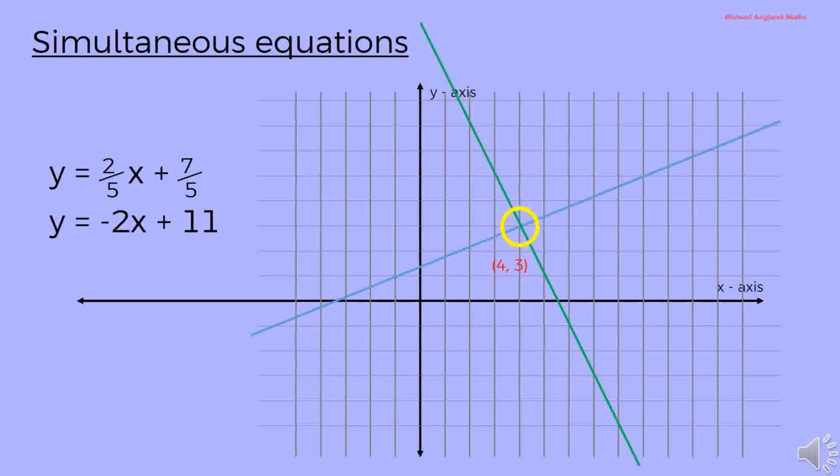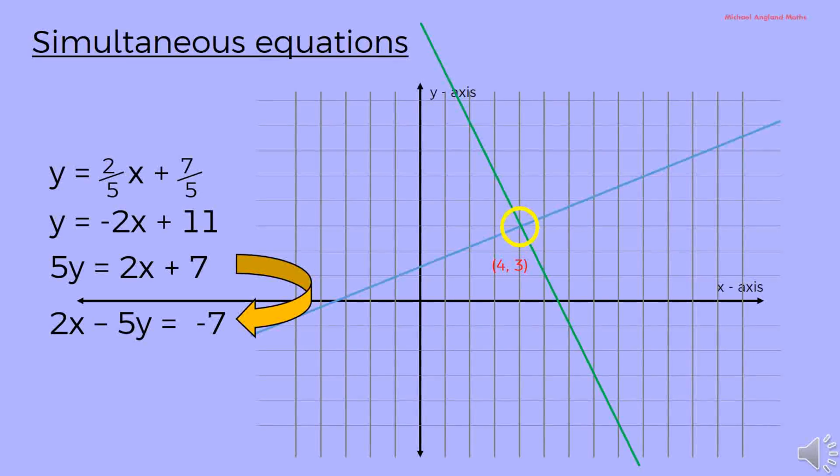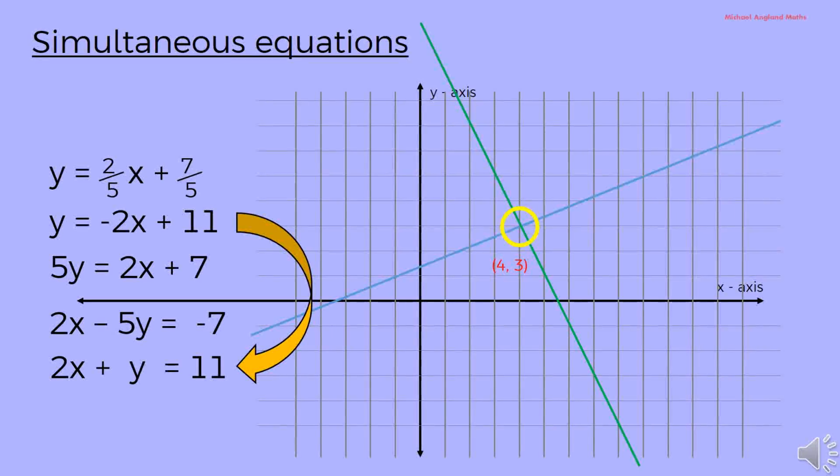If we multiply through by 5, we get 5y is equal to 2x plus 7. And if we bring the x and y terms to the same side, we get 2x minus 5y is equal to minus 7. Now, going back to the second equation, y equals minus 2x plus 11. Having the x and y terms on one side, we get 2x plus y is equal to 11. So those are our two equations.